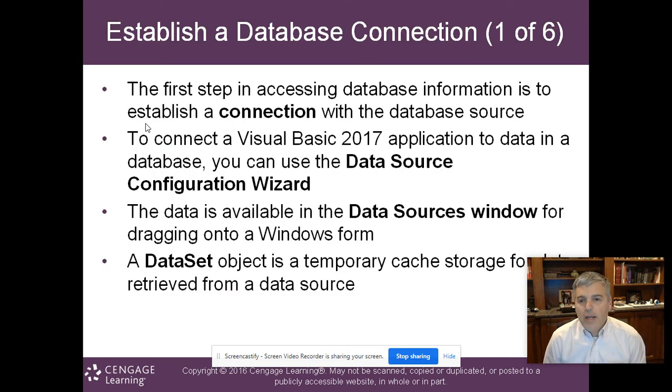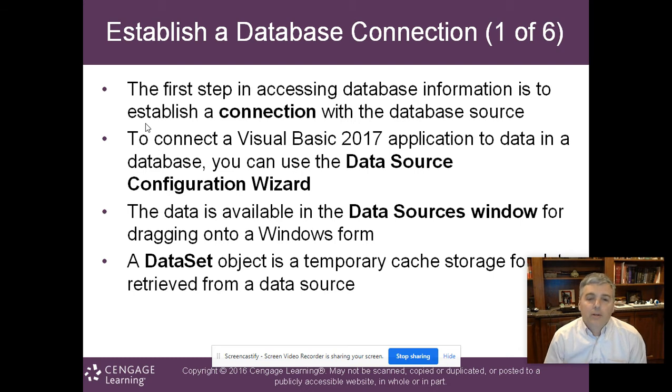So the first step in accessing a database information is to establish a connection with the database source. So to connect a Visual Basic application to data in a database, you can use the data source configuration wizard. Wizards are nice. You don't have to do a lot of code. It does all the coding for you. It's going to step you through, ask you the questions, and then you've got something to start working with. The data is available in the data sources window for dragging onto a Windows form.